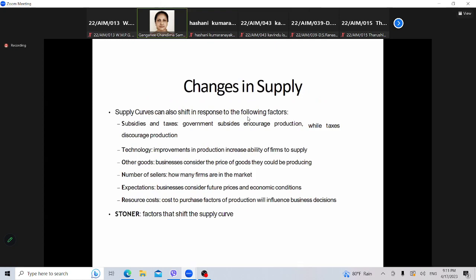Then supply curves can also shift in response to the following factors. These are the factors affecting supply. For your memory, you can remember them as STONER.